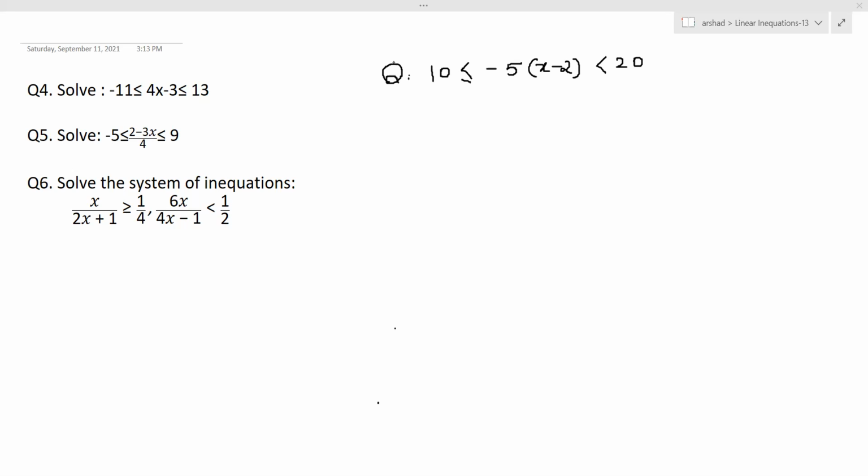Still doing it, sir. Okay. Ikhra, very good. Your answer is correct, but -2 should be an open interval.